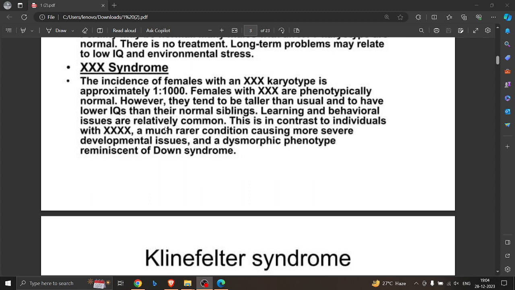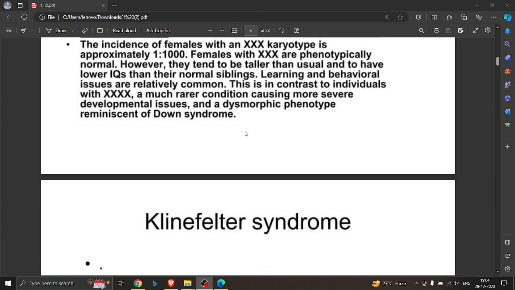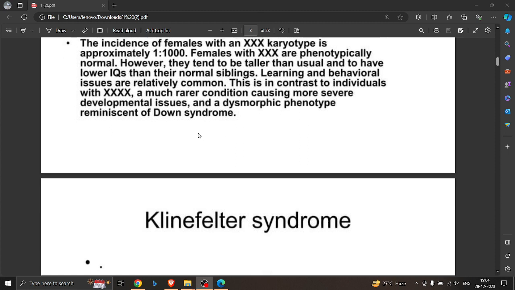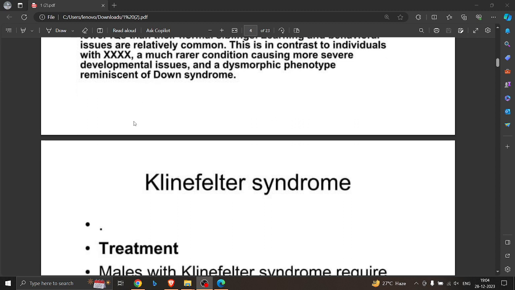Learning and behavioral issues are relatively common in them, in contrast to individuals with XXXX, a much rarer condition causing more severe developmental issues, and a dysmorphic phenotype can also be seen.